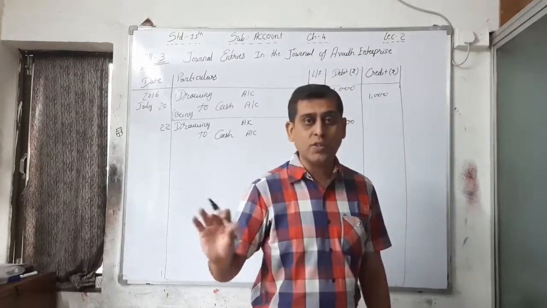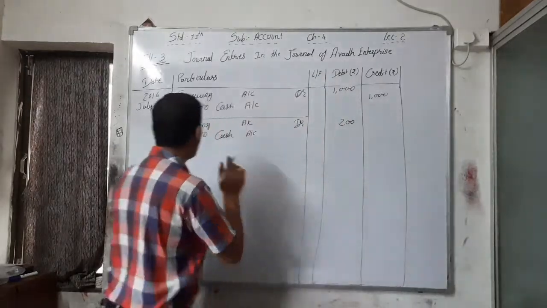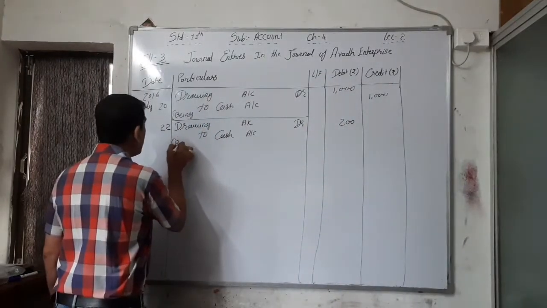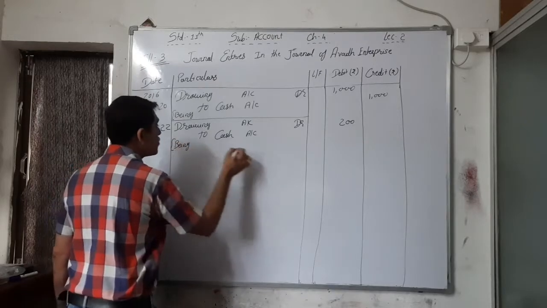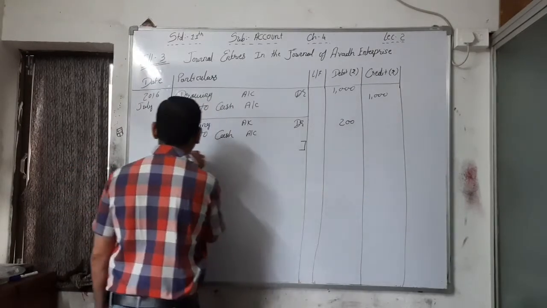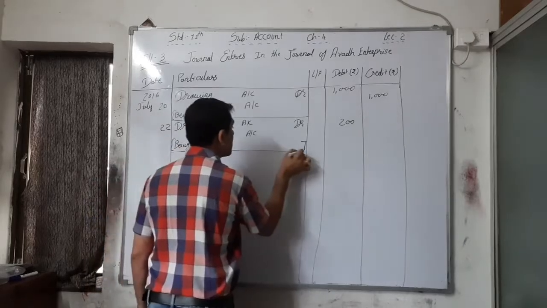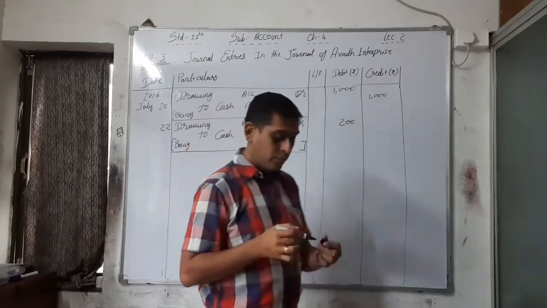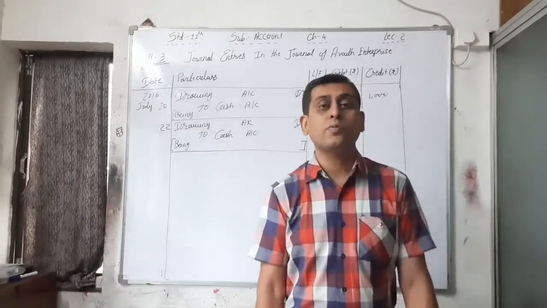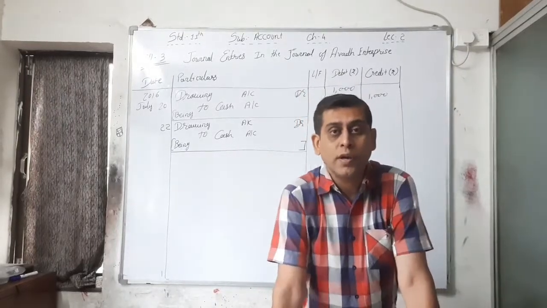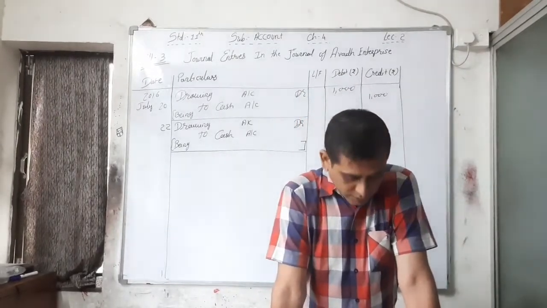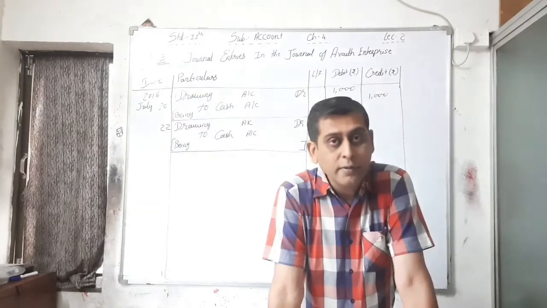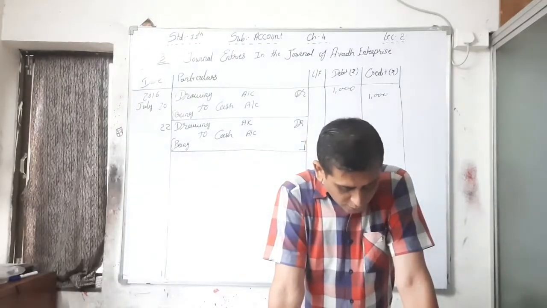But here no specification is given, that's why we have to write a cash account. Being life insurance premium paid by the owner from the business, rupees 200. Being life insurance premium of rupees 200 paid from the business. That is 22nd July. Now 25th July.